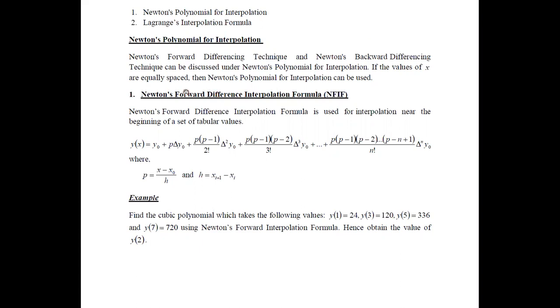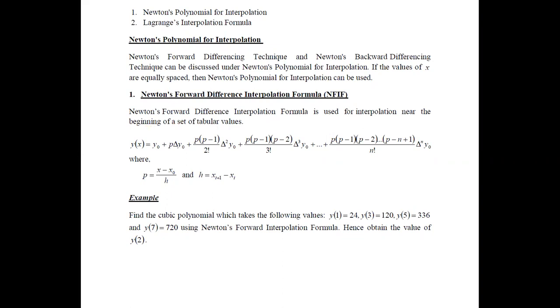We can apply Newton's forward difference interpolation formula if we need to interpolate values at the beginning of a set of tabular values.